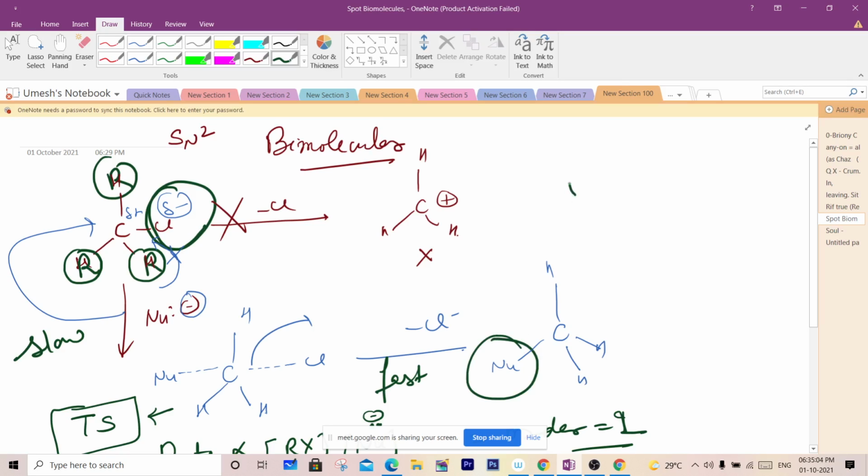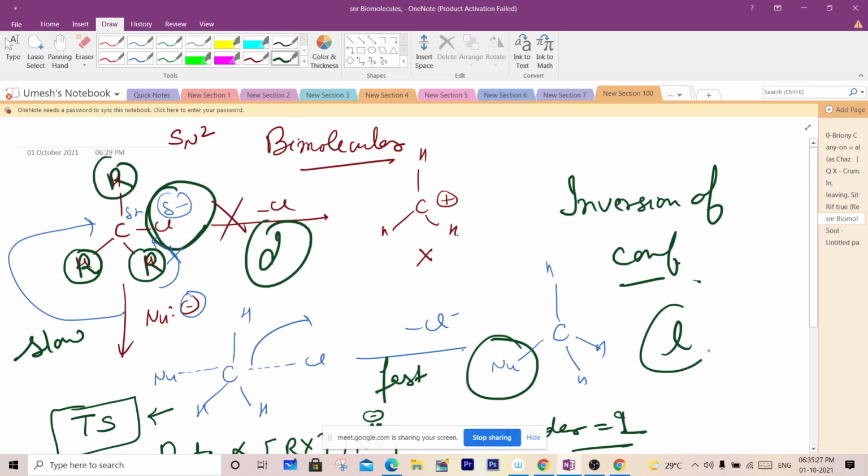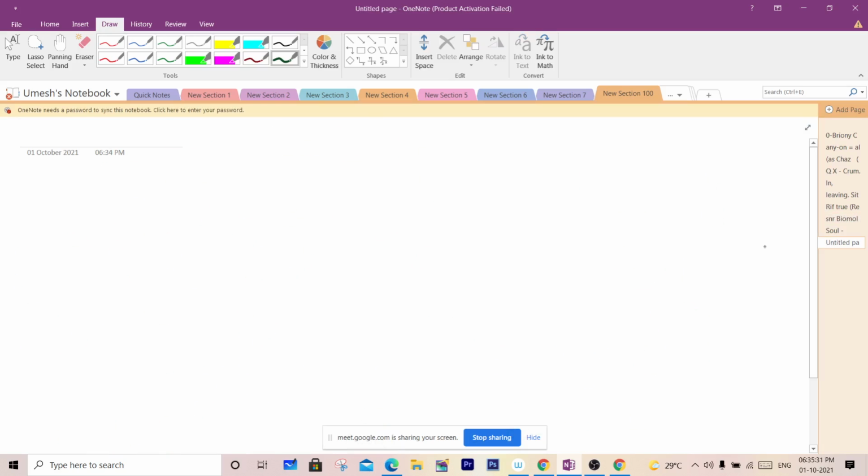We have inversion of configuration, but not retention of configuration. So if this is dextro, it will be levo. This is what we are observing here.